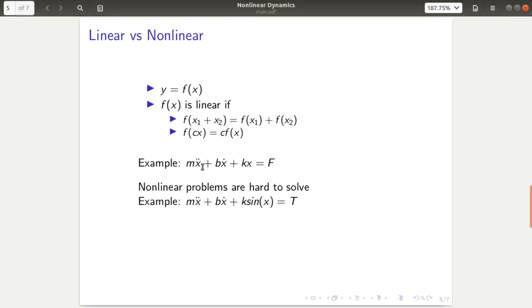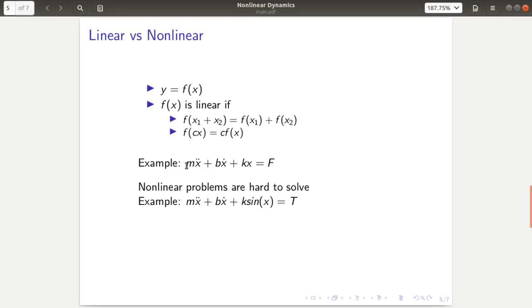So one example, again a spring mass damper system. Let's say there is a function x1 for which I'll get some f, let's say f1, and when I substitute another function x2, I'll get f2. What if I substitute x1 plus x2 in the place of x? I'll get some f which will be equal to f1 plus f2, okay.